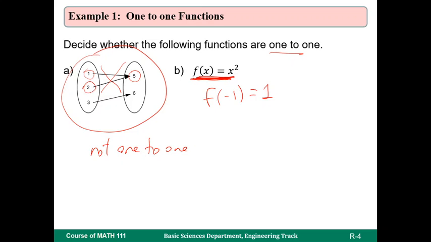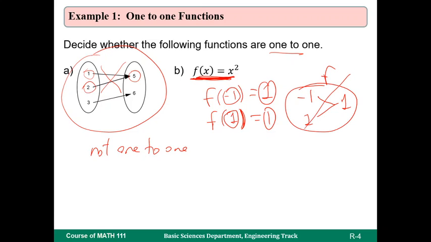It makes 1, and the positive of the same number, f of 1 is equal to 1 squared. It makes 1. So as you see, for different values of x, we got the same y value. This means it's not one-to-one.